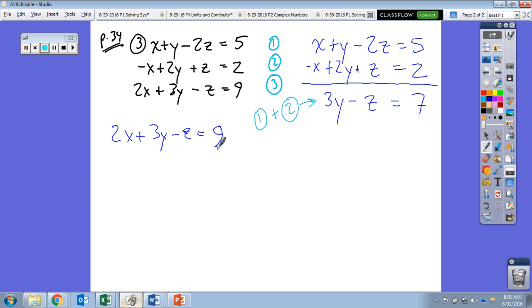Okay, so 2. Now what do I have to do with 2? Multiply by 2, exactly, because that would give me negative 2x plus 4y plus 2z equals 4. So I can eliminate the x's. So multiply this guy by 2. I would have negative 2x plus 4y plus 2z is equal to 4.